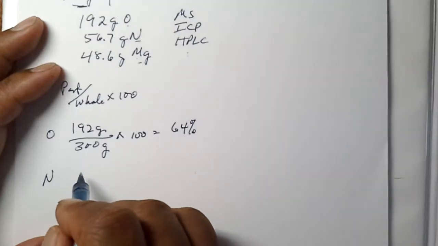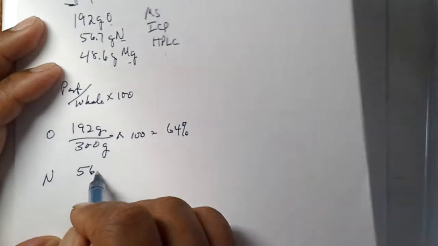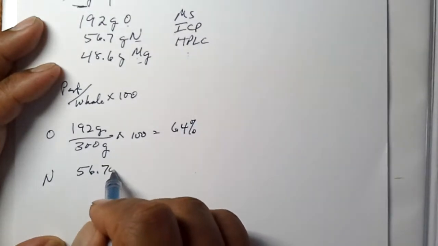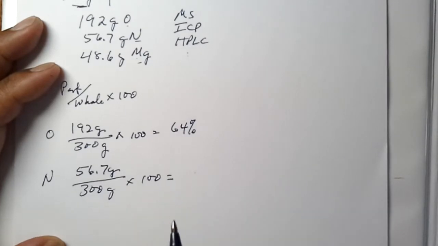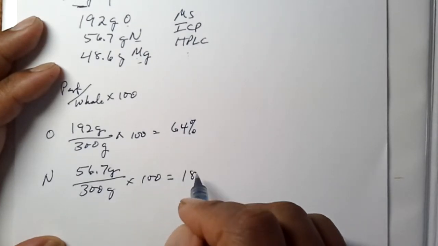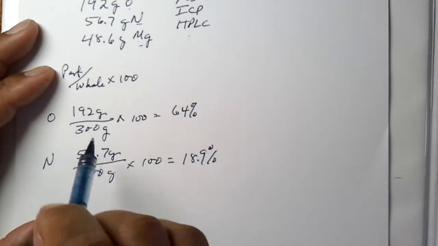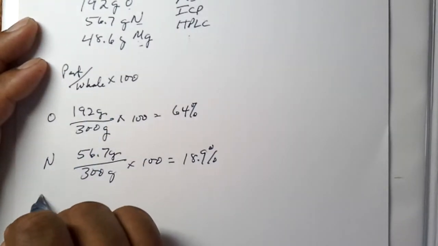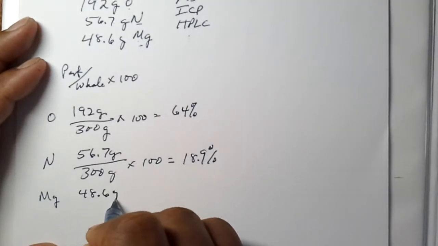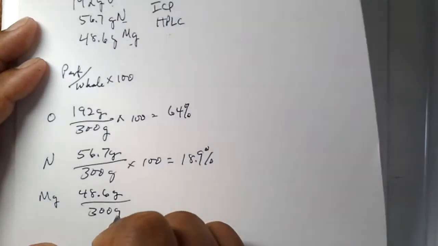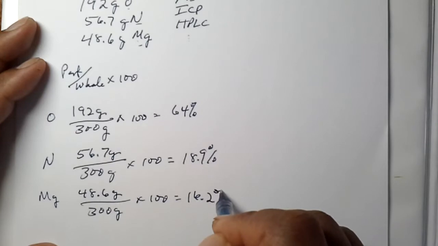Our nitrogen, we have, what did I have? 56.7 grams over 300 grams. And that will give us 18.9%. And our magnesium, we found 48.6 grams in that 300 gram sample. And so here we have 16.2%.